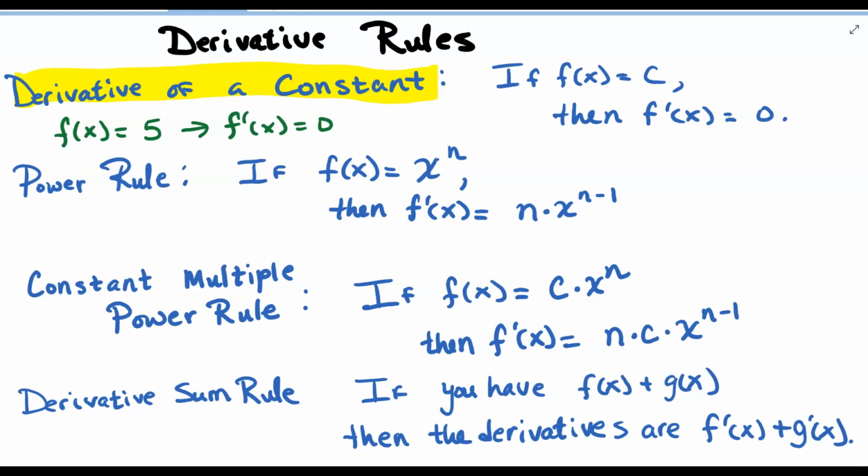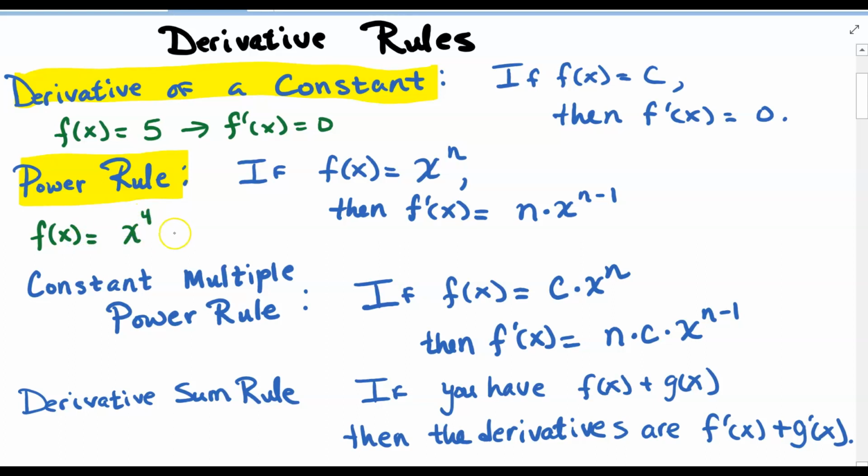Now the next one is called the power rule, and this one is probably the most famous, I guess, because it's probably the easiest. The power rule says if f of x equals x to the nth, then f prime of x equals n times x to the n minus 1. So let's suppose I have an example like x to the 4th power.